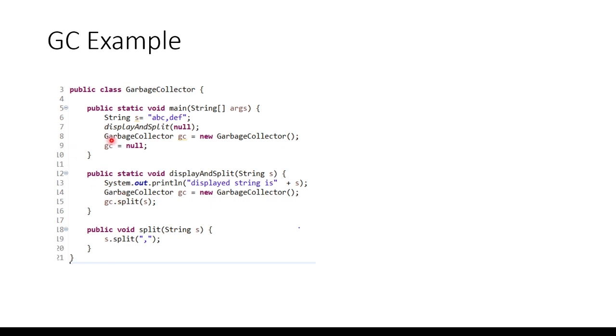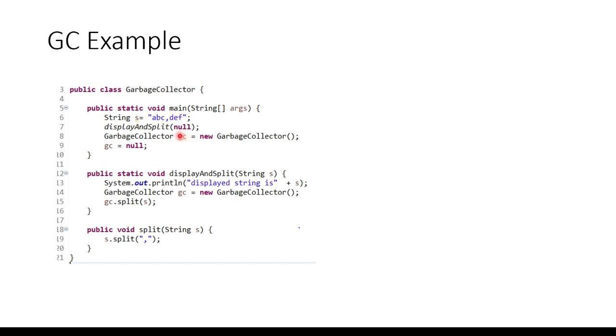Okay, next, when we are at line number 8, here again we are creating a GarbageCollector object and assigning it to GC. When we create this new GarbageCollector, it creates an object in the heap memory at a specific location, and the address of that memory is assigned to GC.